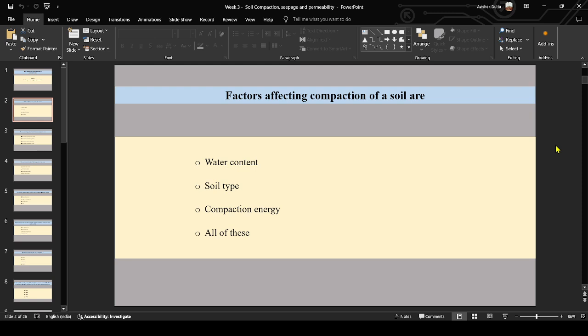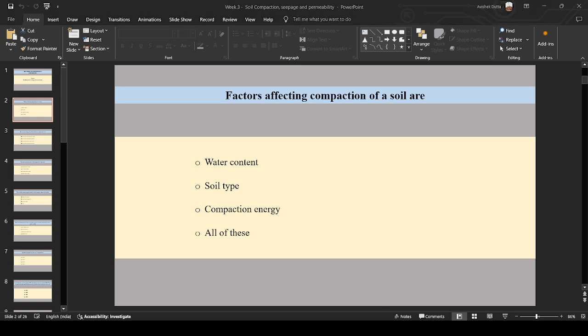I'll repeat the question. Factors affecting compaction of a soil are: water content, soil type, compaction energy, or all of these. I hope you are familiar with the terms water content and compaction energy.